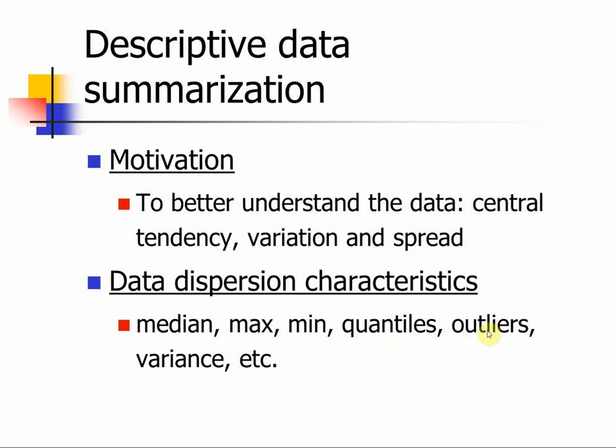You can also come up with outliers, variance, etc. And of course, the easiest way to understand this is through graphical representation, which is what we call the visualization of the data distribution.